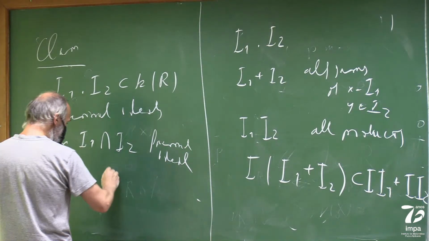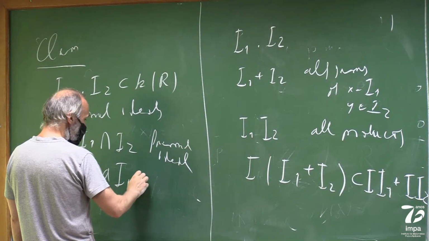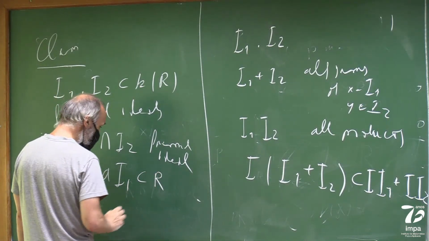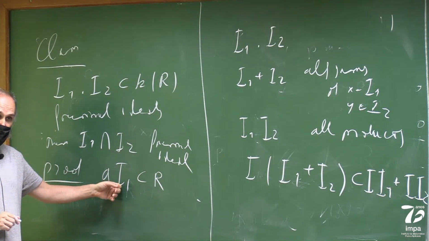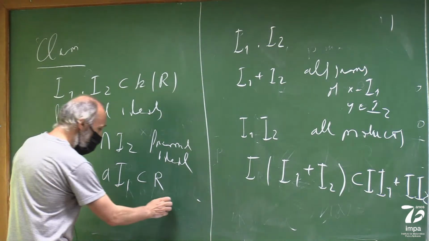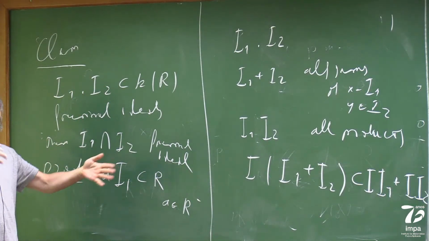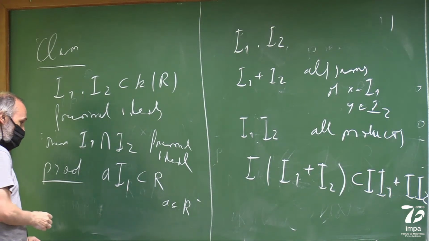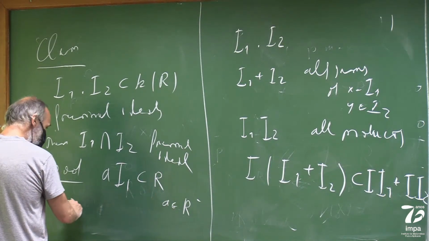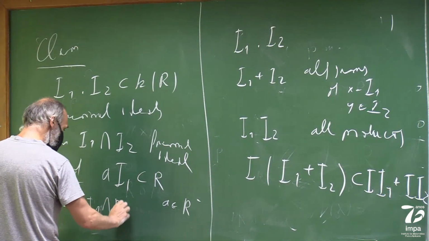You have I, whatever, A in I1, belongs to R, but it also belongs to I1, because A is in R. Well, if it's not in R, you just multiply it by denominators so that it becomes in R. And this implies that I1 intersected with R is non-zero.